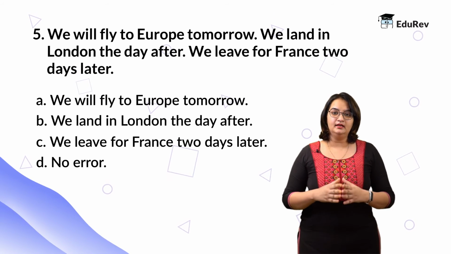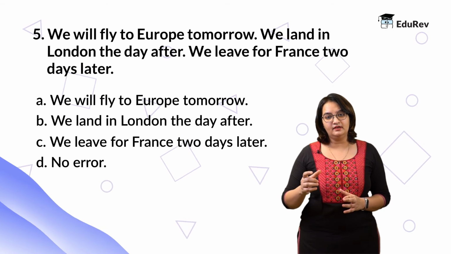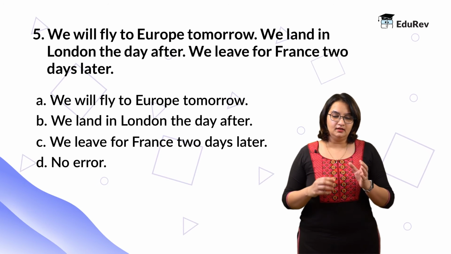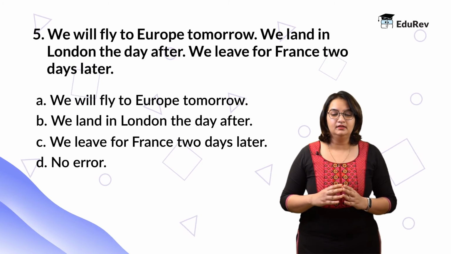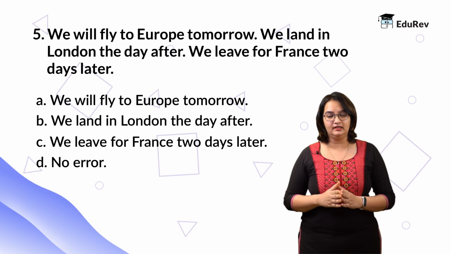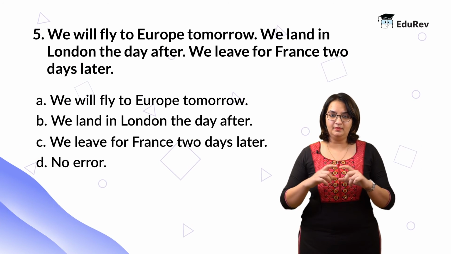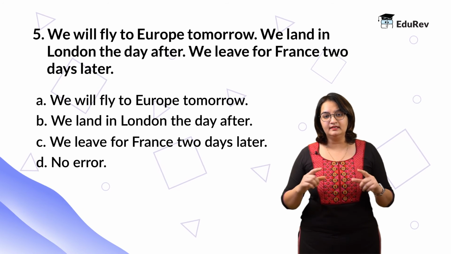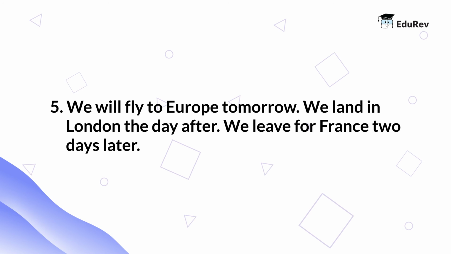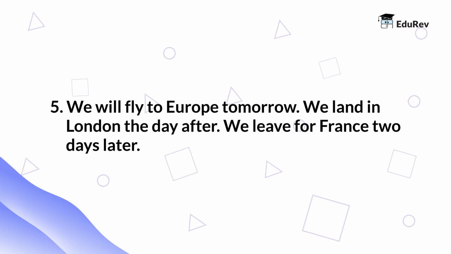In such cases, it is all right to use the present tense in order to justify what is going to happen next after a particular event, because after you have given a timeline, all the events are going to continue in that particular timeline itself. Also, please note that these three sentences form a part of a paragraph and they are not a single statement. So the correct answer is, we will fly to Europe tomorrow. We land in London the day after. We leave for France 2 days later.